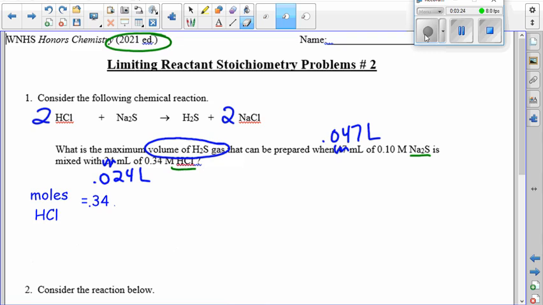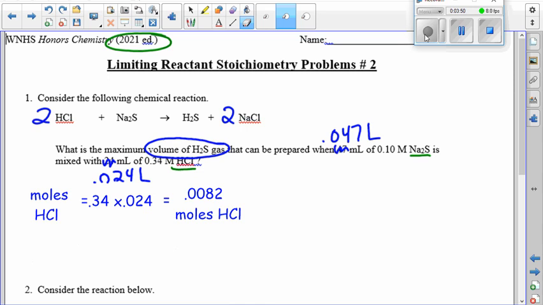Remember, you want to make sure you have no opportunities to use the wrong volume units. So just take care of that conversion before you even start your calculations. So 0.34 times 0.024 liters for your volume there. You'll find that you have 0.0082 moles of HCl.